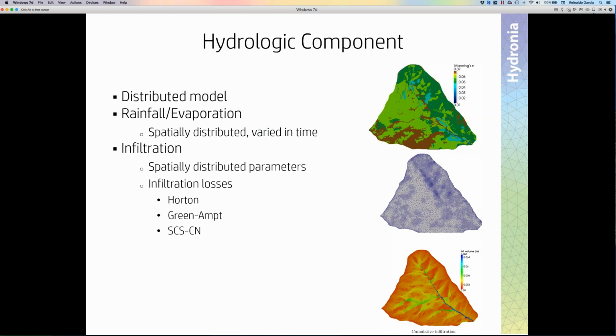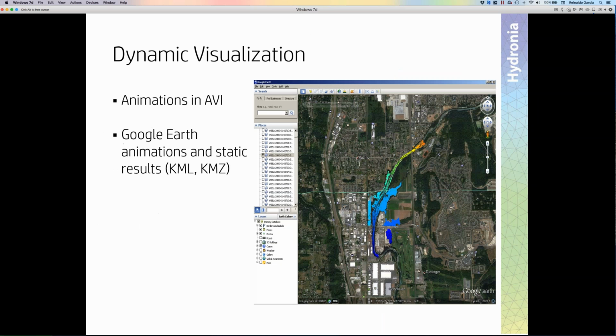We also have the hydrologic component that you can use in addition or in combination with the hydraulic component, and it handles distributed rainfall, evaporation, and also distributed infiltration. There are a lot of tools for dynamic visualization, and what I've been talking about up to now is related to the SMS user interface.